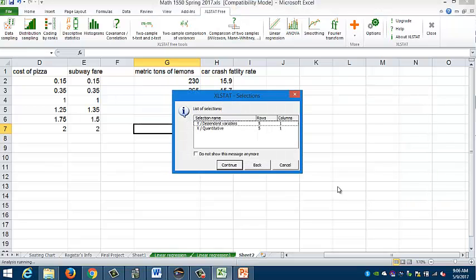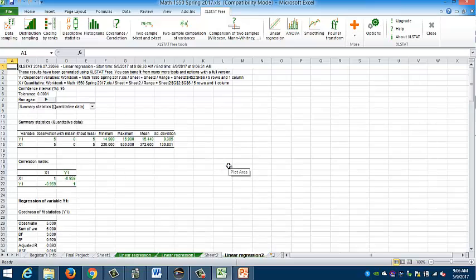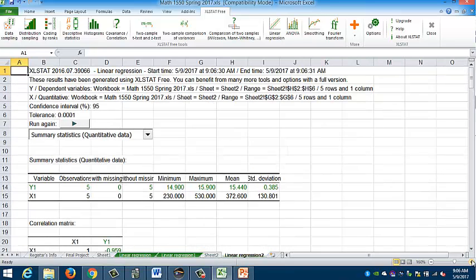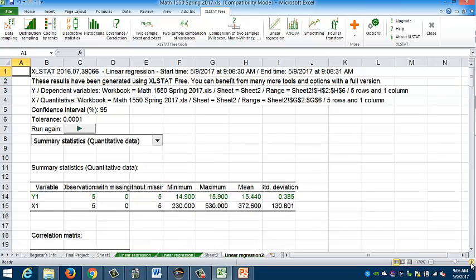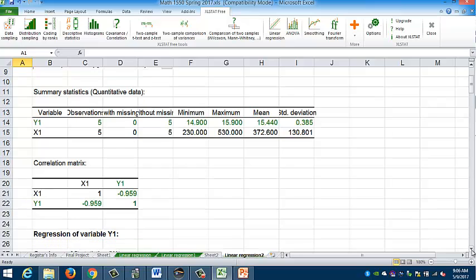This is a ridiculous problem. Continue. Okay, let's see if we have a correlation. So where do I look? I have to look at that correlation matrix. That's down below here. Right here, correlation matrix. Oh wow, look at that.